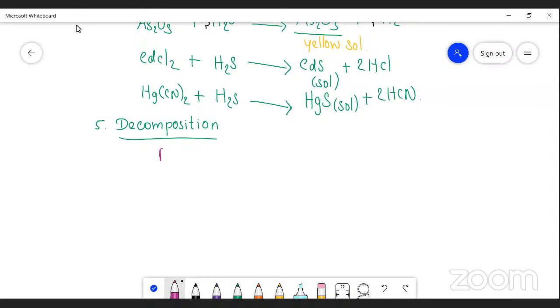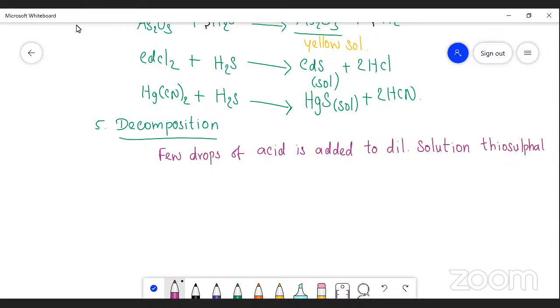We are adding a few drops of acid to a dilute solution of thiosulfate.